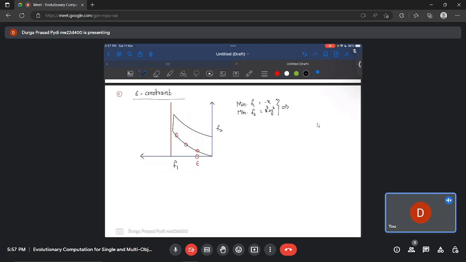Previously we defined it as a weighted combination of F1 and F2. Now I'll just minimize F2. I'll not use any weight combination. I'll minimize only one function subject to a constraint, saying F1 is less than or equal to some epsilon.